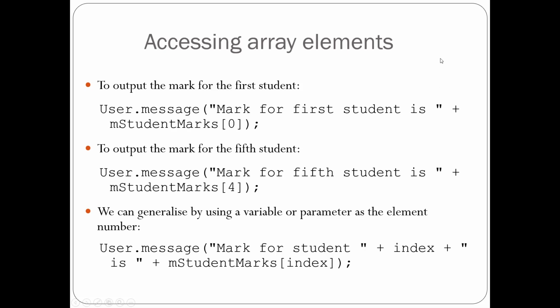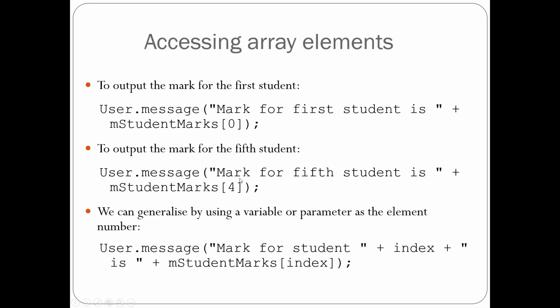How can we output those? Well, if we can add values like variables, then we can output array indexes or array elements like variables. So we'll put some examples. For example, we can use user.message and output the first element at mStudentMarks 0.